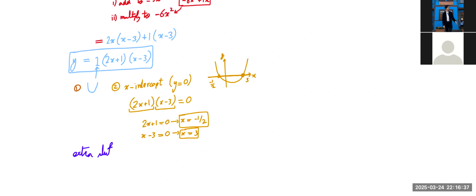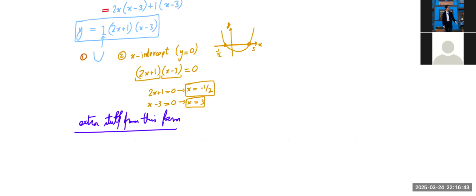from this form. So the first thing you can find out is the vertex x value, which is also, as you said earlier, the line of symmetry or the axis of symmetry. Basically, the line that is going directly through the center of the parabola.